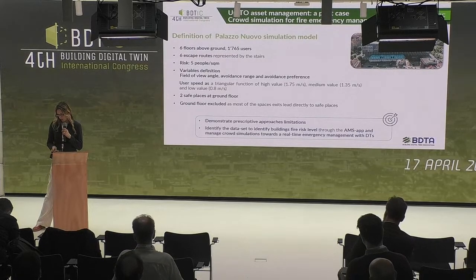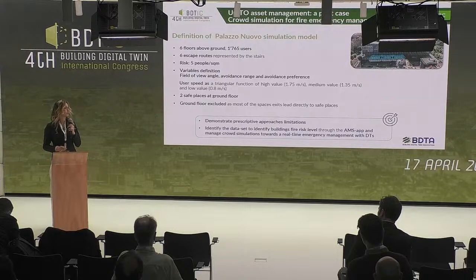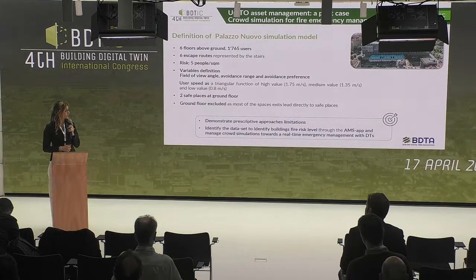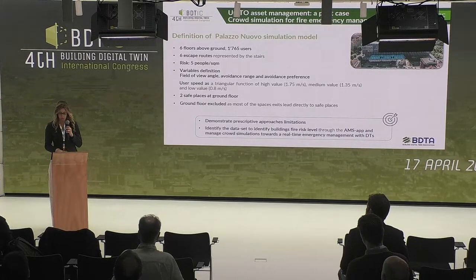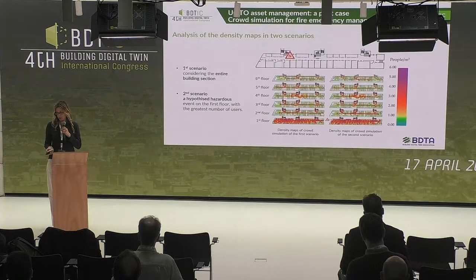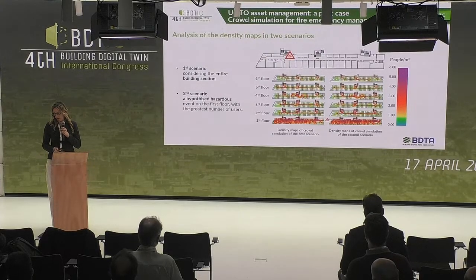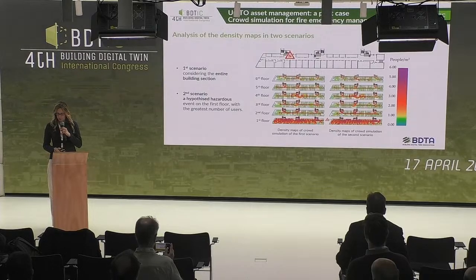And then we wanted to check the efficiency, but also the limitation of the prescriptive approaches in the fire regulation in Italy. And so we wanted to identify the data that we need to include in our platform for checking this purpose.